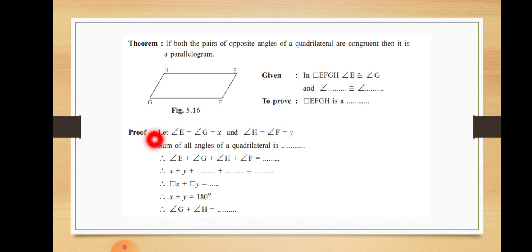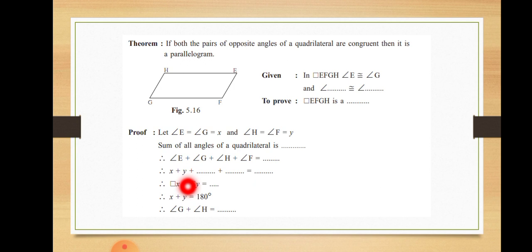Okay. Now what is the next thing? The sum of all angles of a quadrilateral is 360 degrees. Fill in the blanks simultaneously in your textbook with a pencil and then afterwards complete this in your notebook. Angle E plus angle G plus angle H plus angle F equals 360 degrees, because the sum of all the angles of a quadrilateral is 360 degrees.